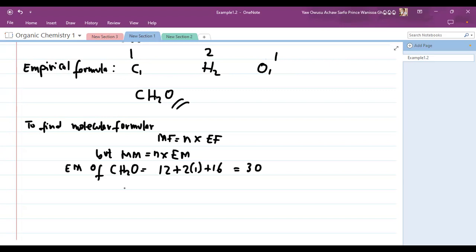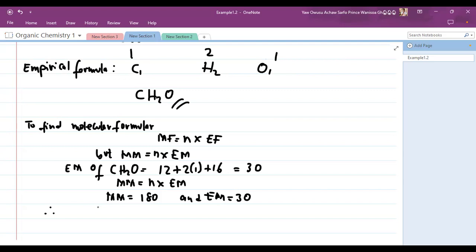So our molecular mass will be equal to N times empirical mass. But in the question, molecular mass is 180 and empirical mass is equal to 30.